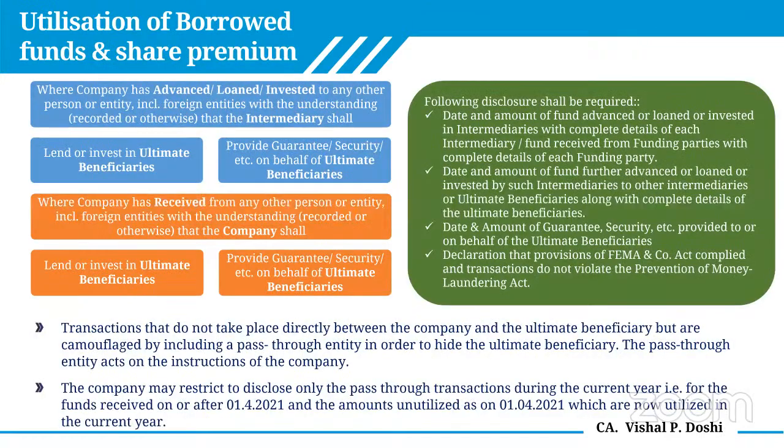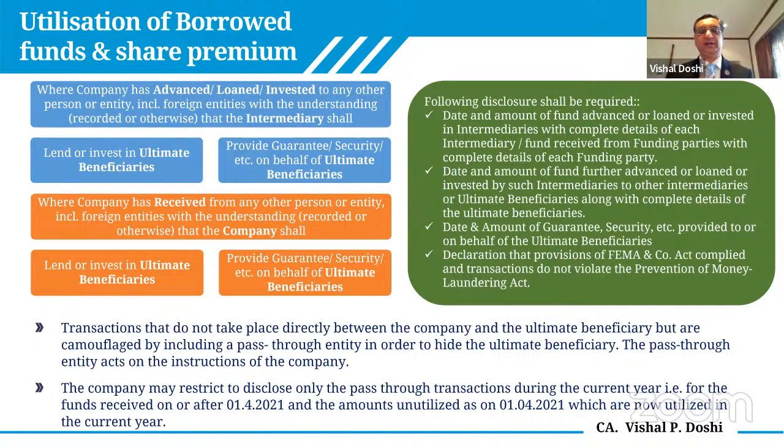So, utilization of funds. There is a lot of text on the screen. I'll first explain in principle what it is, and then you can report if it is required. This is typically where money comes into your client or goes out from your client where the ultimate beneficiary is somebody else, and it is using round tripping or a camouflage or a roundabout way to reach the ultimate beneficiary.